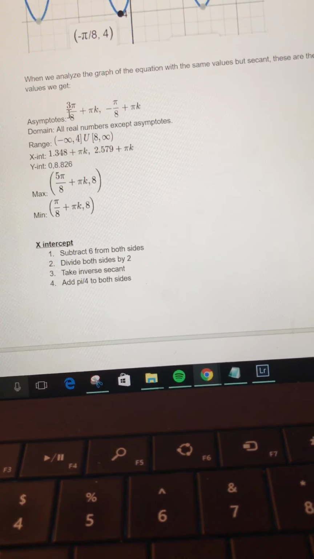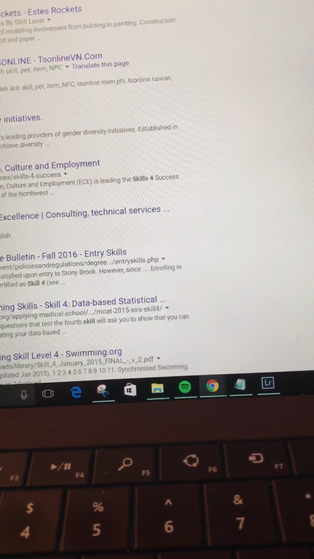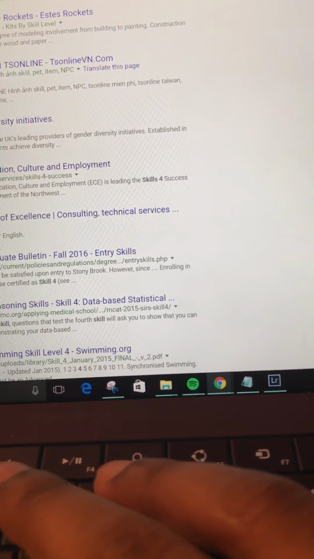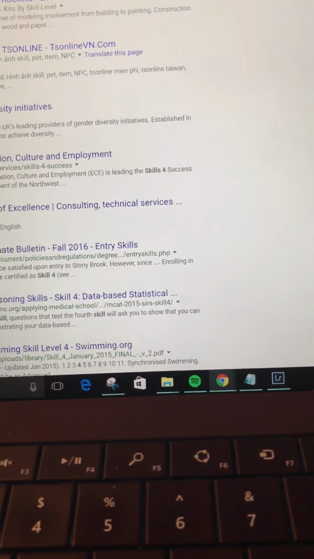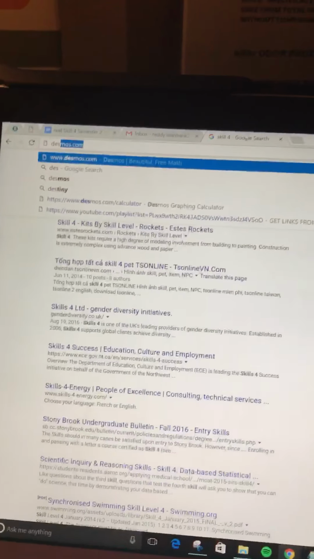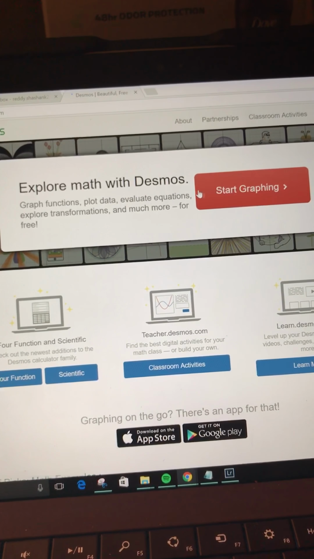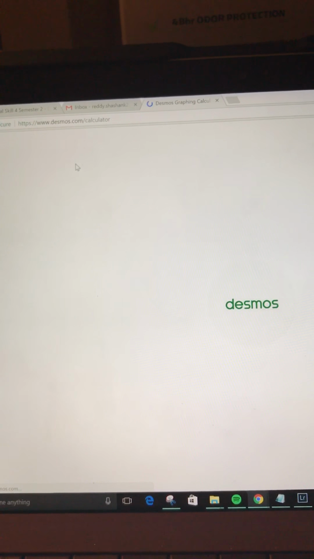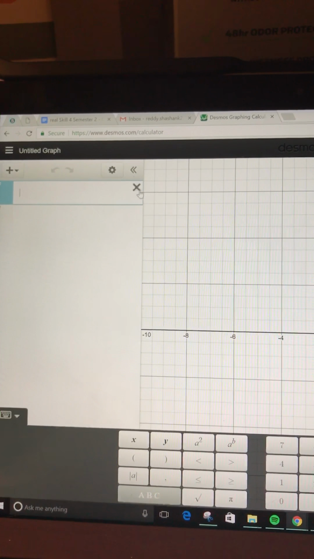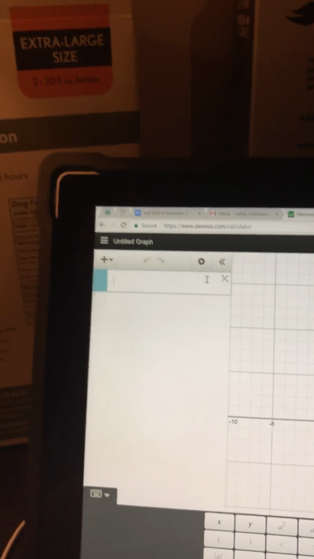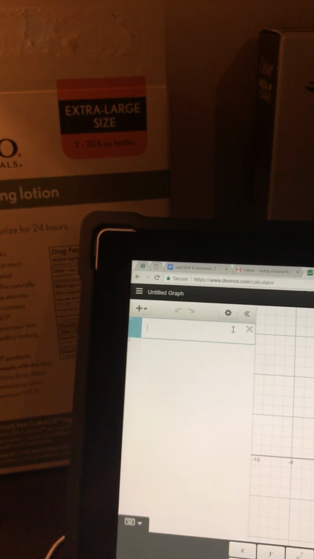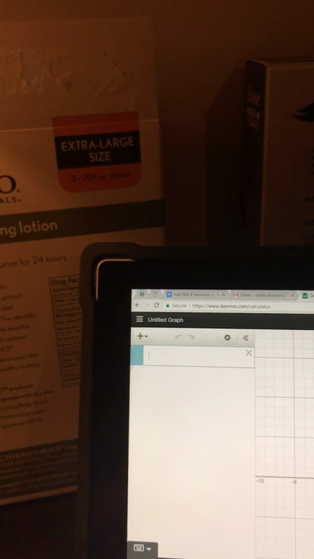So for asymptotes, the secant function looks different. My bad, we're going to have to skip over this. I totally forgot to do this.